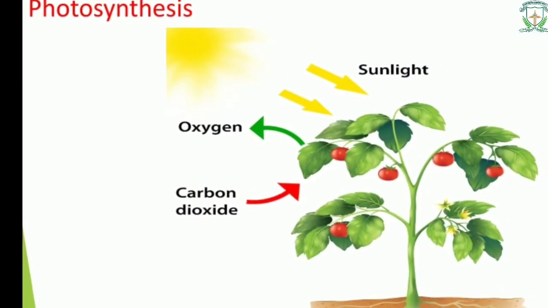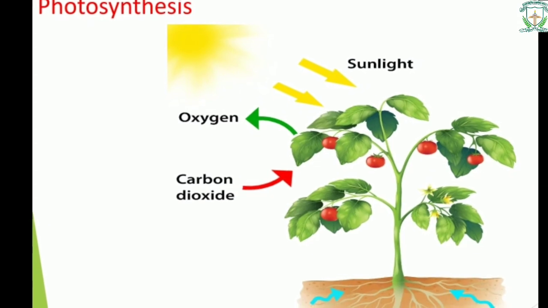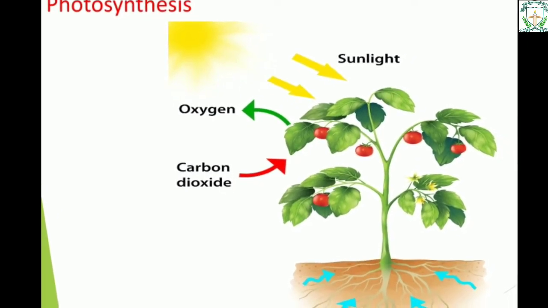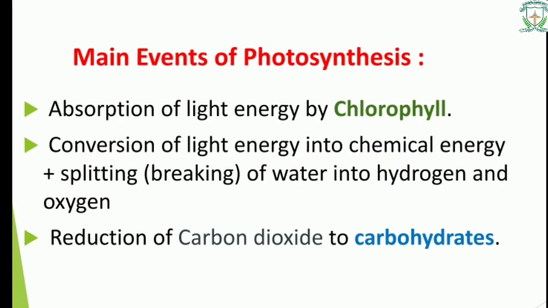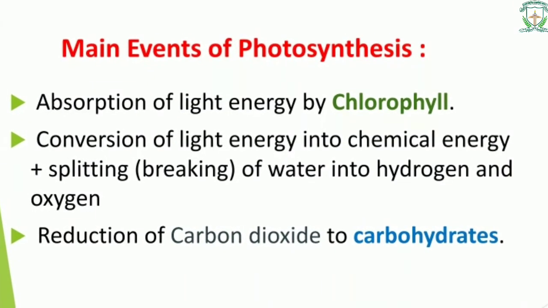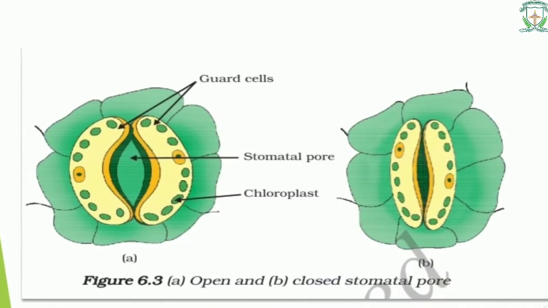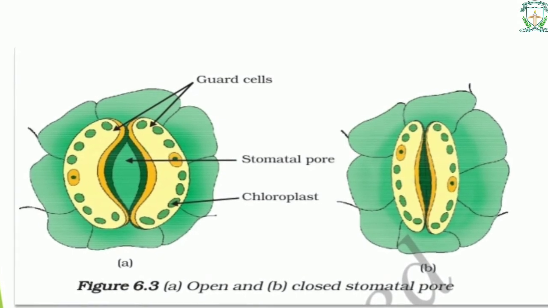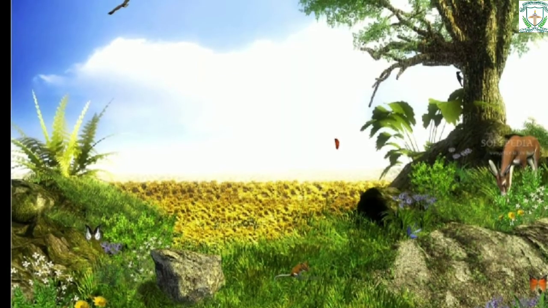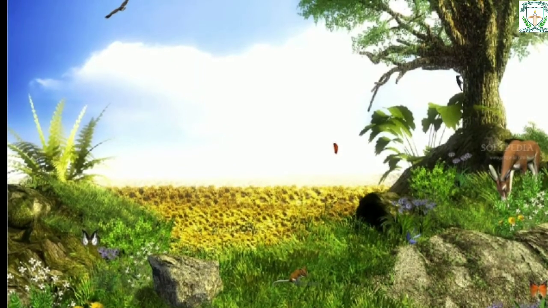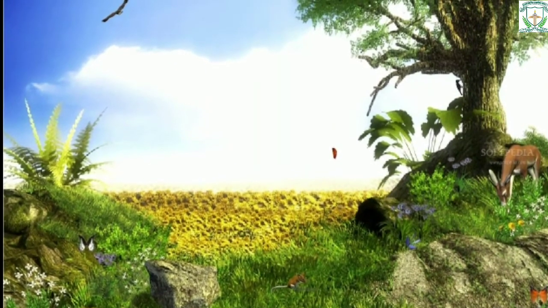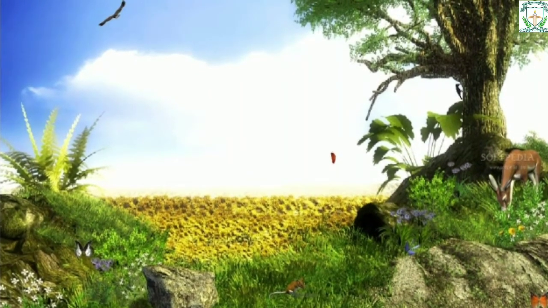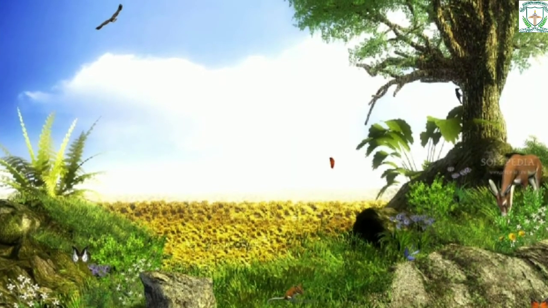Children, so far we have discussed photosynthesis, the chemical equation, the main events of photosynthesis, and about stomata, their functions and mechanism. Children, watch this animated photosynthesis video and also observe the cross section of the leaf.